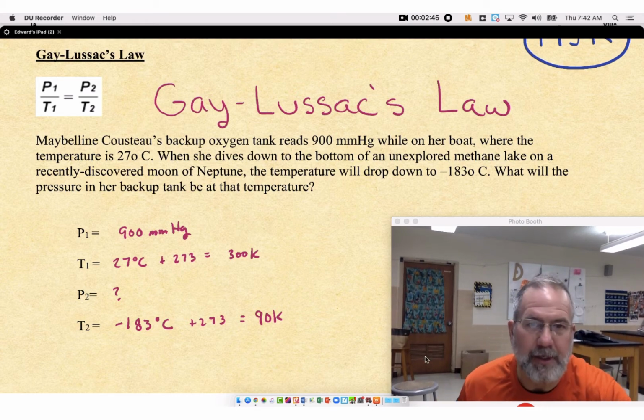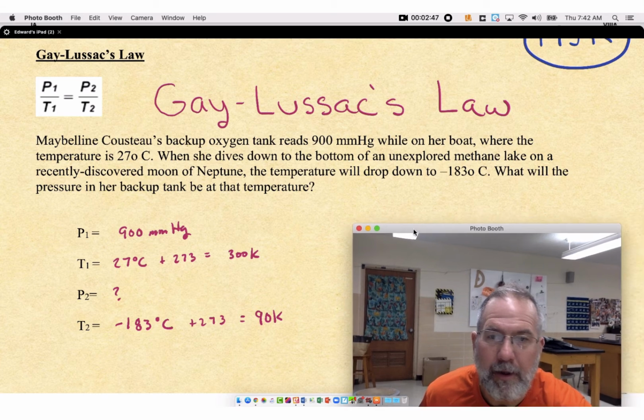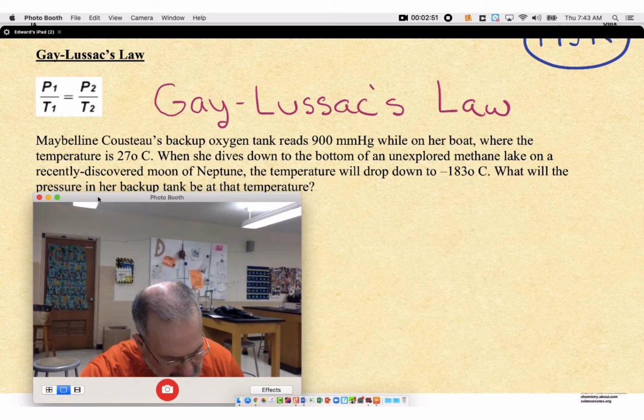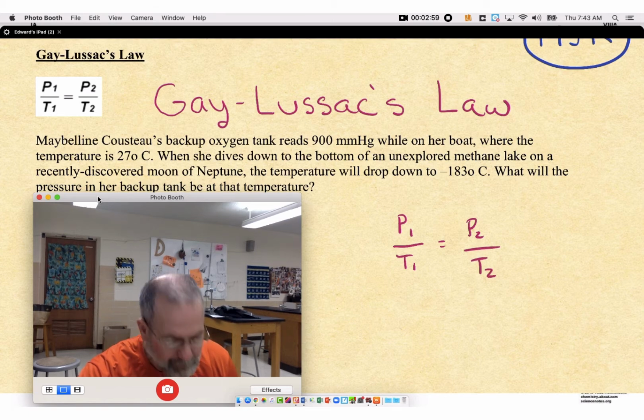When we're setting this thing up, our equation is P1 over T1 equals P2 over T2.